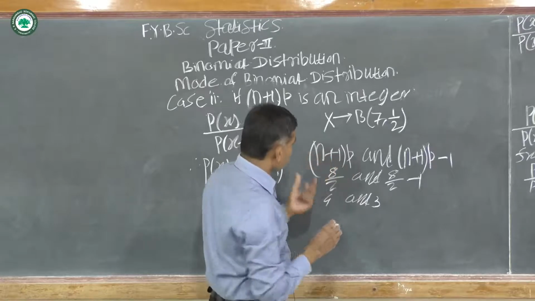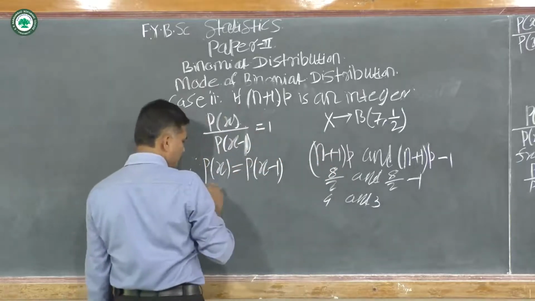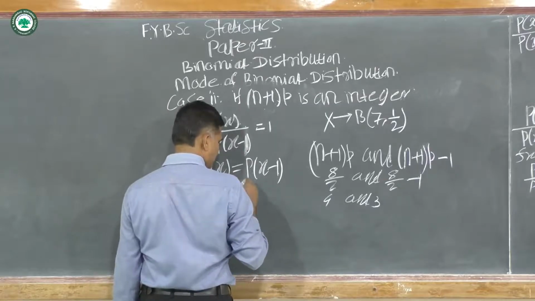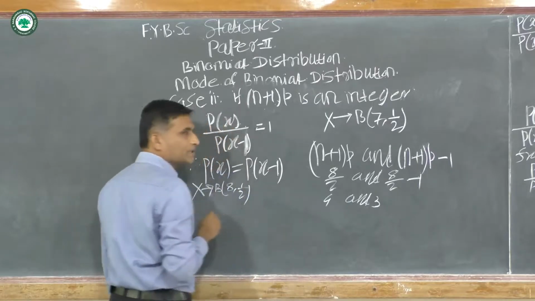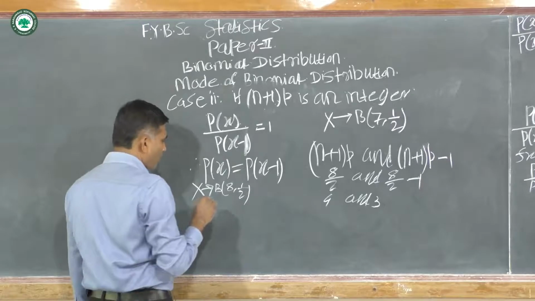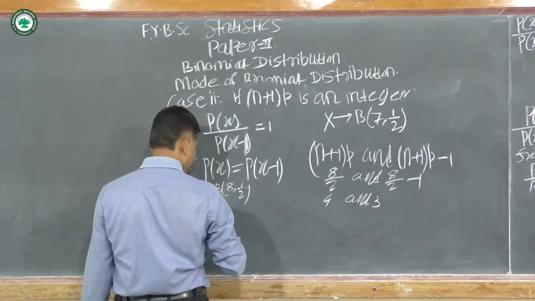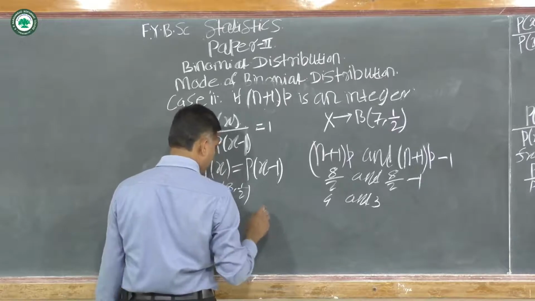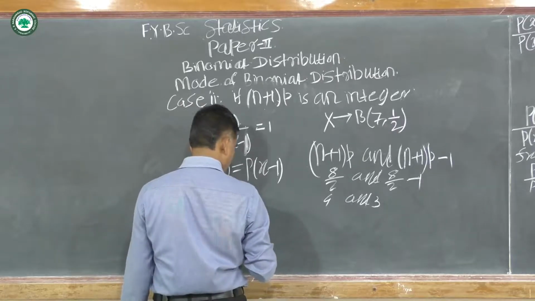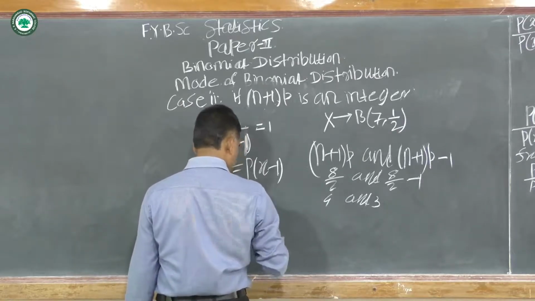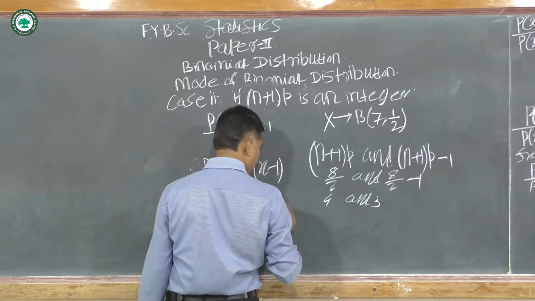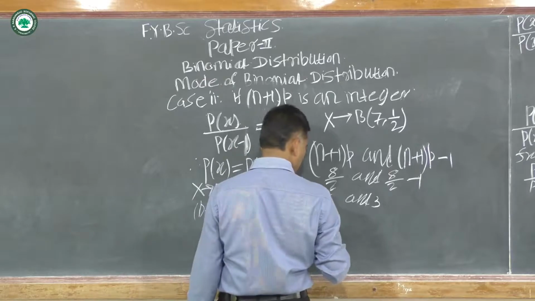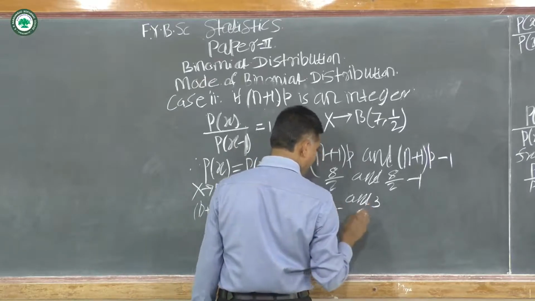Then suppose X follows binomial distribution with parameters 8 and 1/2, then the modal value is (n plus 1) into p only, which is equal to (8 plus 1) into 1/2, that is 9 by 2, which is equal to 4.5.